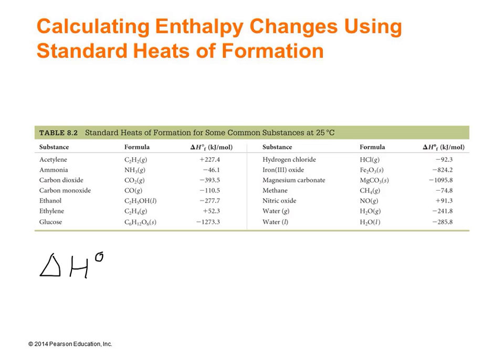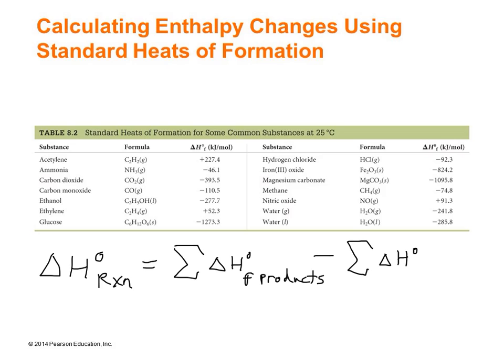The change in enthalpy for a reaction is equal to the sum of the enthalpy of formations of the products minus the sum of the enthalpy of formations of the reactants.